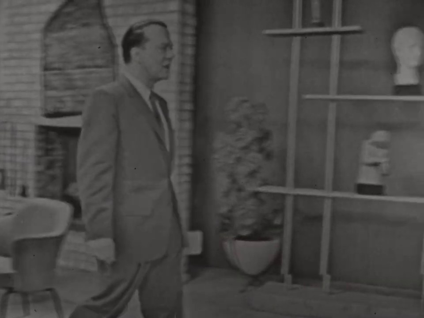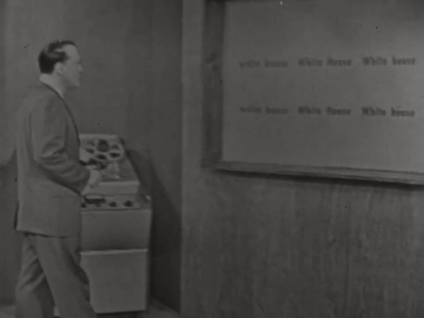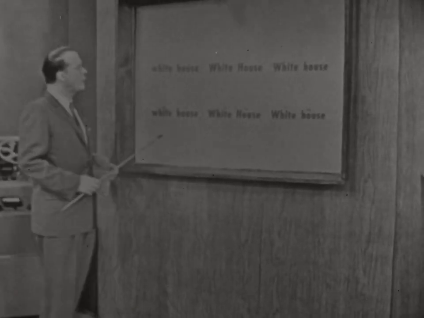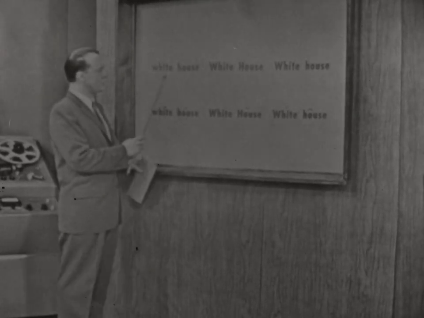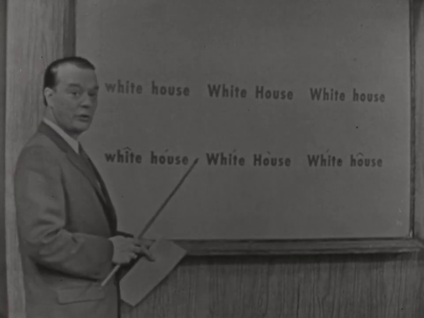Now, we've already found out on our program that the word white and the word house can go together. We've used this particular example of white and house in several of our programs. For instance, we found that when the word white and the word house were put together as white house, this meant a house that was colored white.